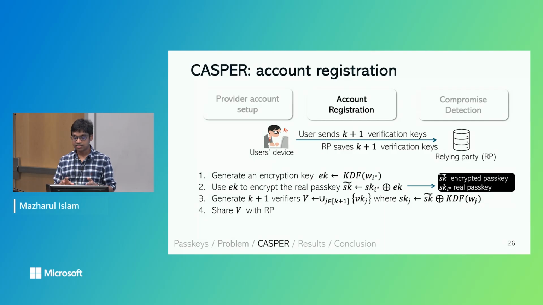And as a result, we also get K plus 1 verification keys. And then we can send the K plus 1 verification keys to the relying party.